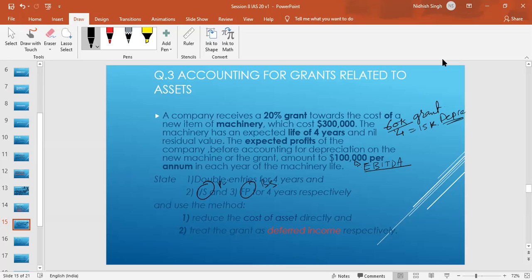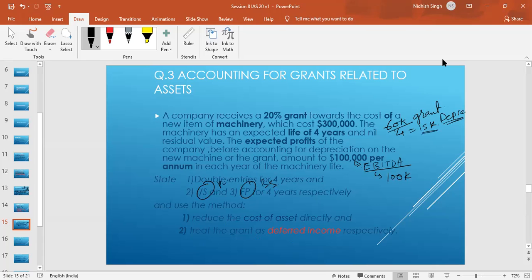So one thing that we can see is we already know income, EBITDA. Okay, let's call EBITDA, at a very high level, income. So 100K. And what is the depreciation? Not this one. This is only for our grant.